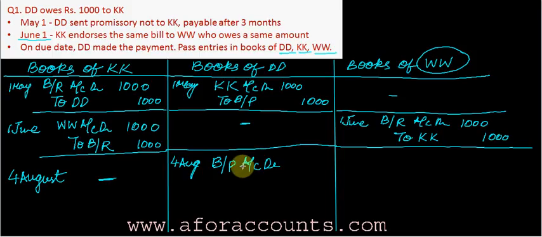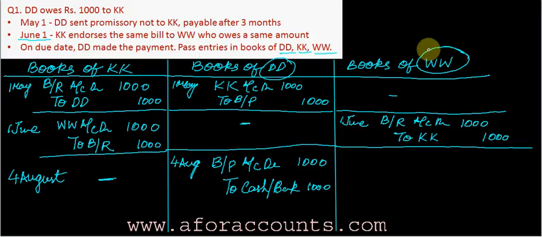When you finish the liability, you have to debit it. So bills payable account debit 1000, to whatever he is paying with, cash or bank, 1000.